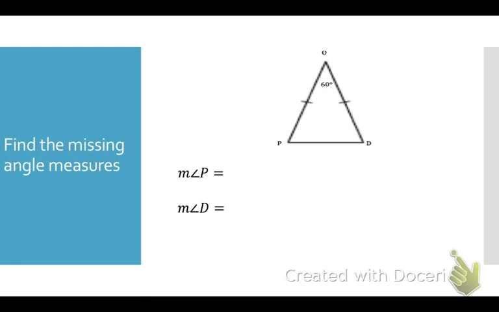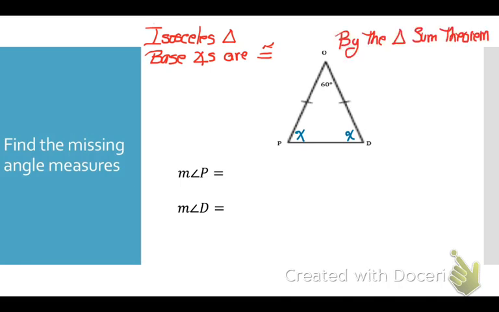In this triangle, we can see, because it has two congruent sides, that it's an isosceles triangle. And we know that base angles are congruent in isosceles triangles. So if we gave angles P and D a variable, they have to be the same because they're congruent. Let's call them X. Then we know by the triangle sum theorem that all three of those angles, 60 and X, if I add them up, I have to get 180.